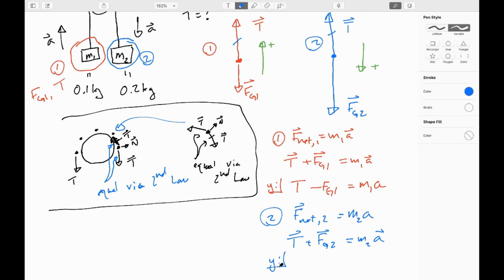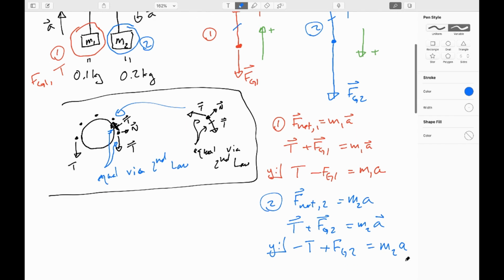Same logic, everything's vertical, so you just have to pick plus and minuses, but now we have to be careful. The tension is now acting in the negative y direction because we chose plus to be down. So I have to write minus T, and FG2 is acting in the positive y direction because I chose that to be down. I made that choice because A here is pointing down, and I wanted A to be positive. So M2A. All right, we're well on our way here.